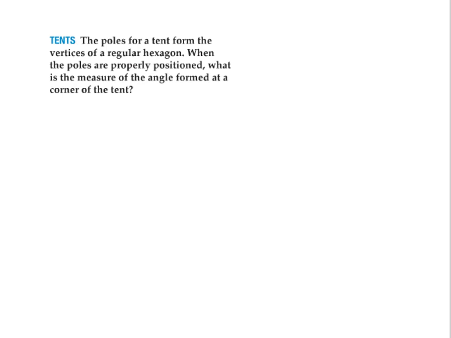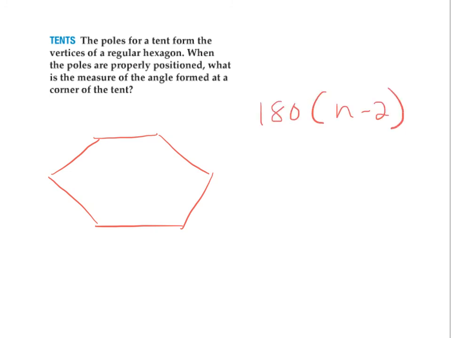Let's do one more here. The poles of a tent, when properly positioned, form a regular hexagon. What is the measure of the angle formed at the corner of the tent? So I'm going to have a hexagon. That's 6 sides. The fact that it's a regular hexagon means that all sides and angles are equal, just like in my picture. So I'm going to use the formula 180 times n minus 2, n is 6.